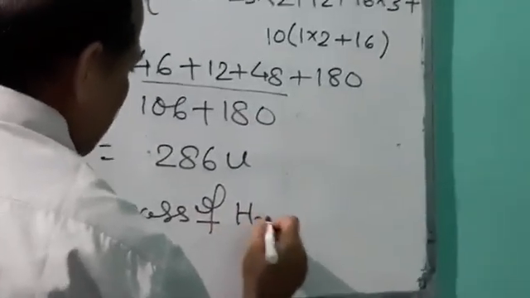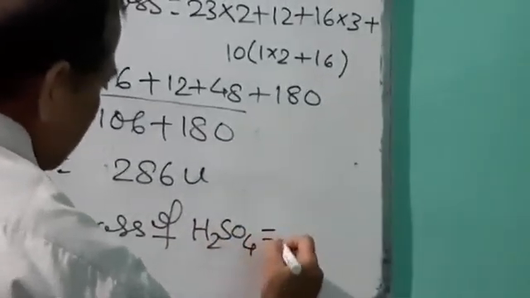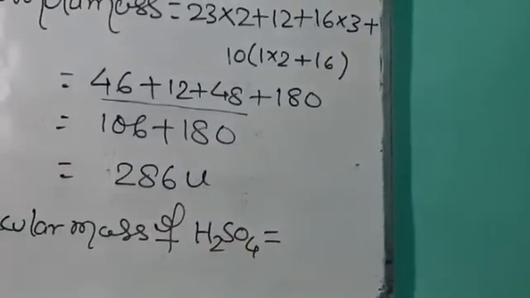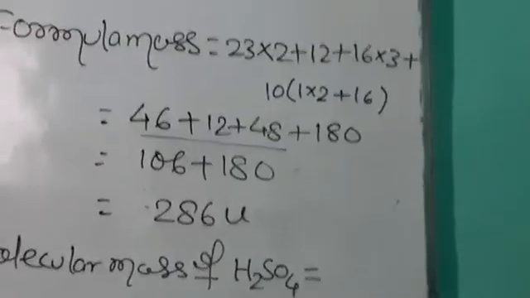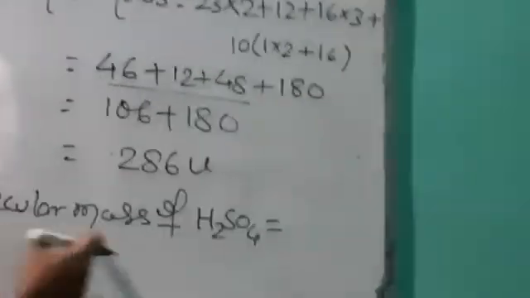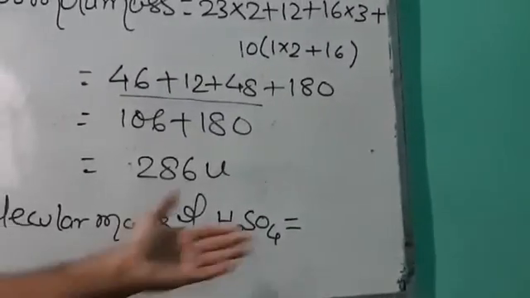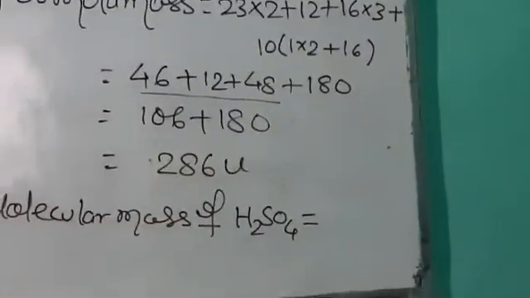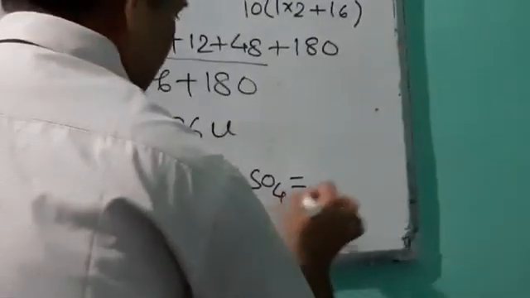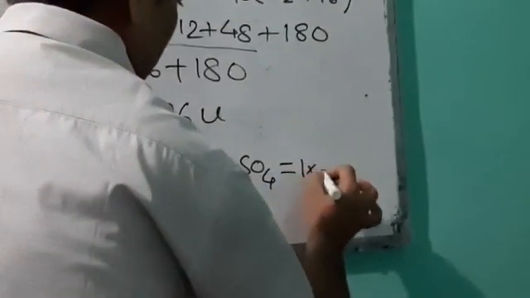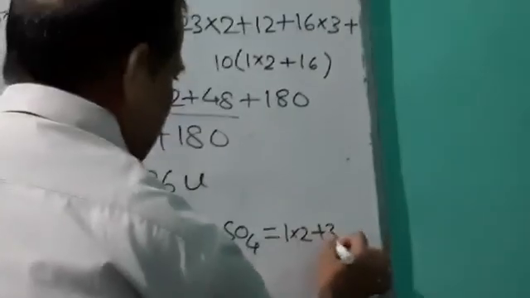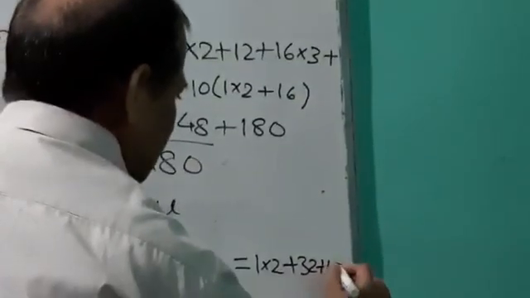If I say molecular mass of H2SO4, here H2SO4 exists in a molecular form, so we write molecular mass of dihydrogen sulfate, or H2SO4, directly. Then 1 into 2 plus 32 plus 16 into 4.